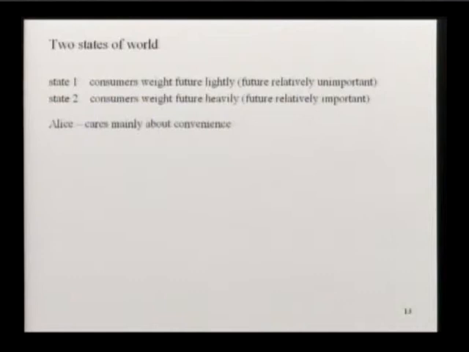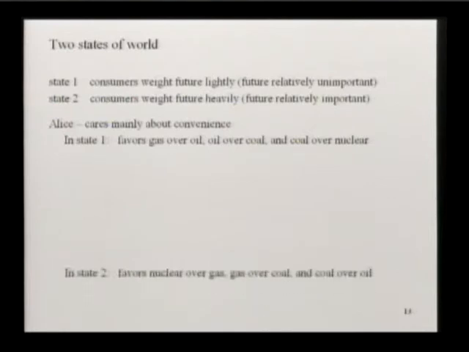Well, we'll imagine that Alice, when consuming energy, cares mostly about how convenient it is to use. So that means that in state 1, where she's putting most of the weight on current consumption, she likes gas the most because that's the easiest to use, then oil, then coal, and nuclear power comes last because that's the most cumbersome.